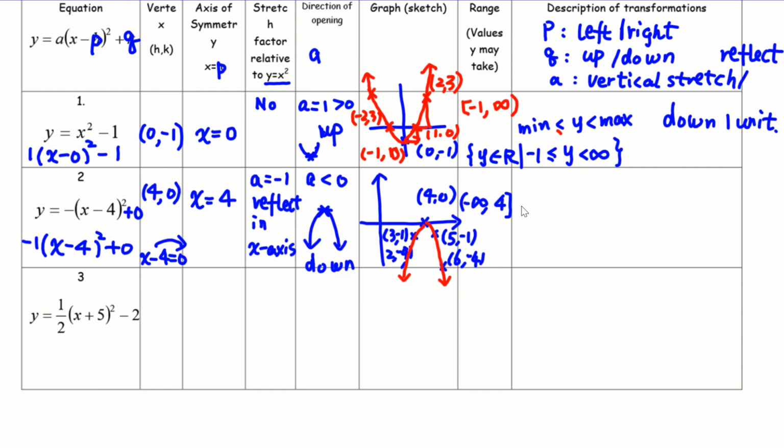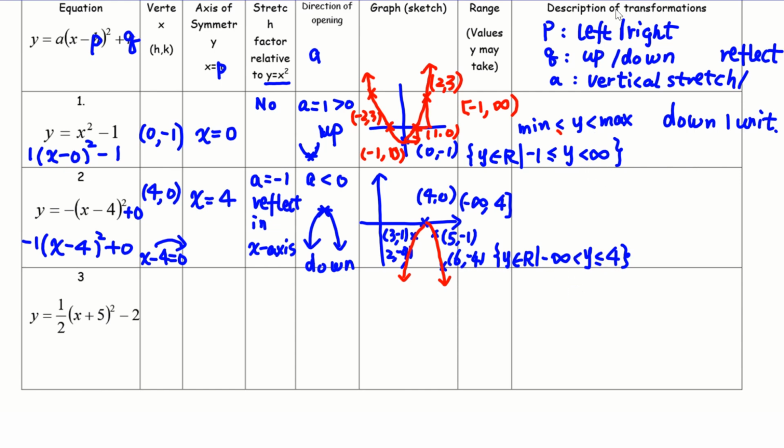In set notation you could write y belongs to all real numbers, because a solid line on the number line means real numbers, with the minimum negative infinity and the maximum the highest point. So this is set notation.